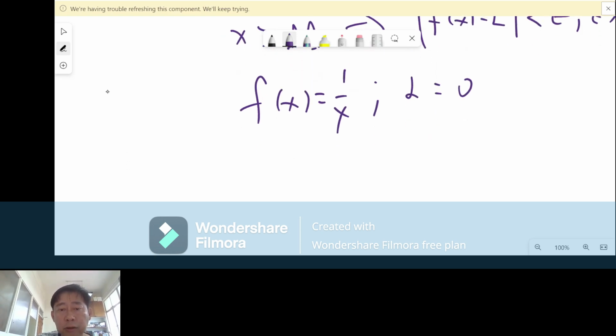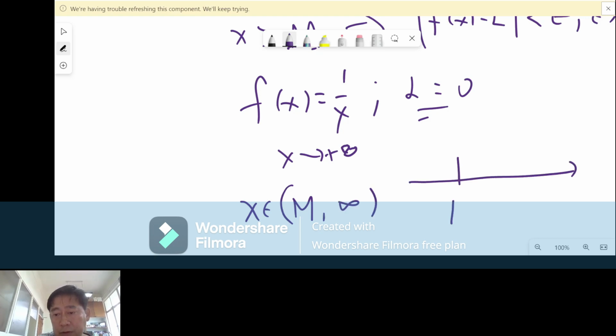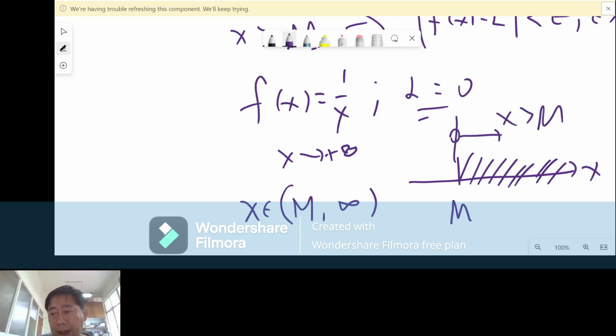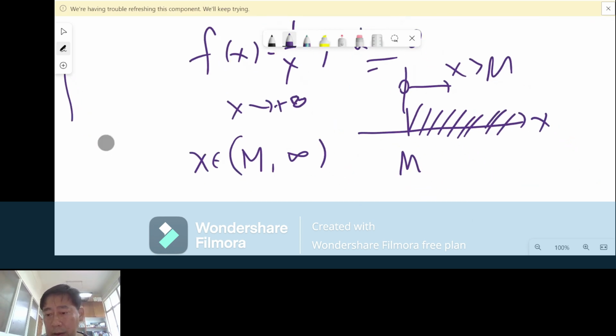In order to prove that L = 0 is the limit of the function when x tends towards positive infinity, you show that as long as the values of x lie in the region from m to infinity, meaning if you choose a value of m and allow x to only sit on the right-hand side of m, then |f(x) - 0|, which is 1/x minus the limit 0, here L is 0, less than epsilon will always be fulfilled.